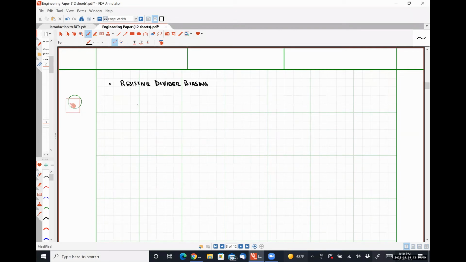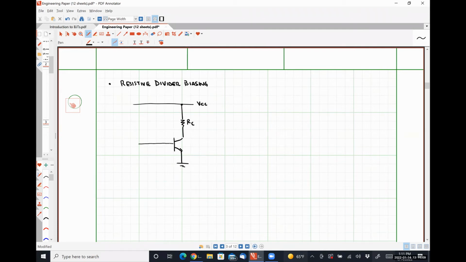So in a resistive divider biasing network, we might have something like this. We have our power supply voltage, VCC. We have our collector resistor, RC. Here we have our NPN BJT.